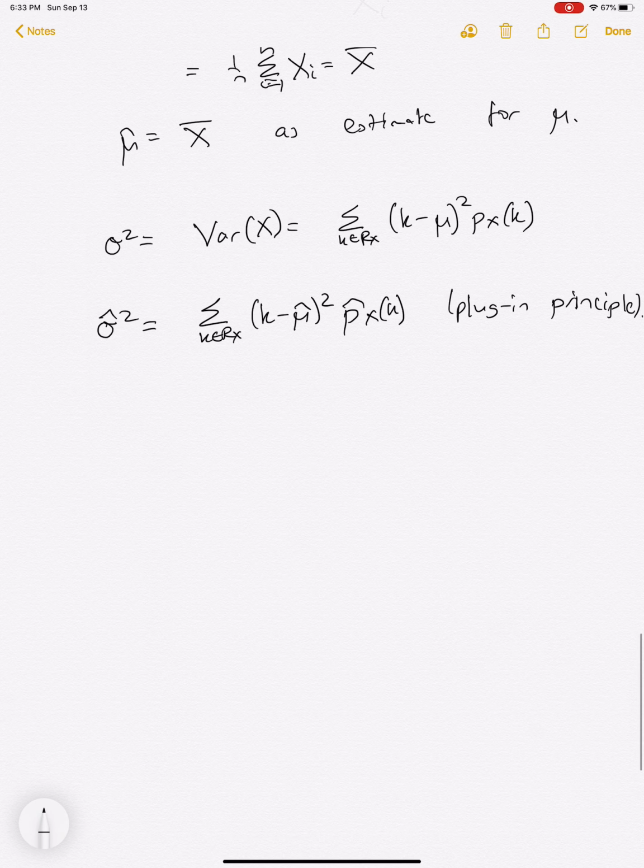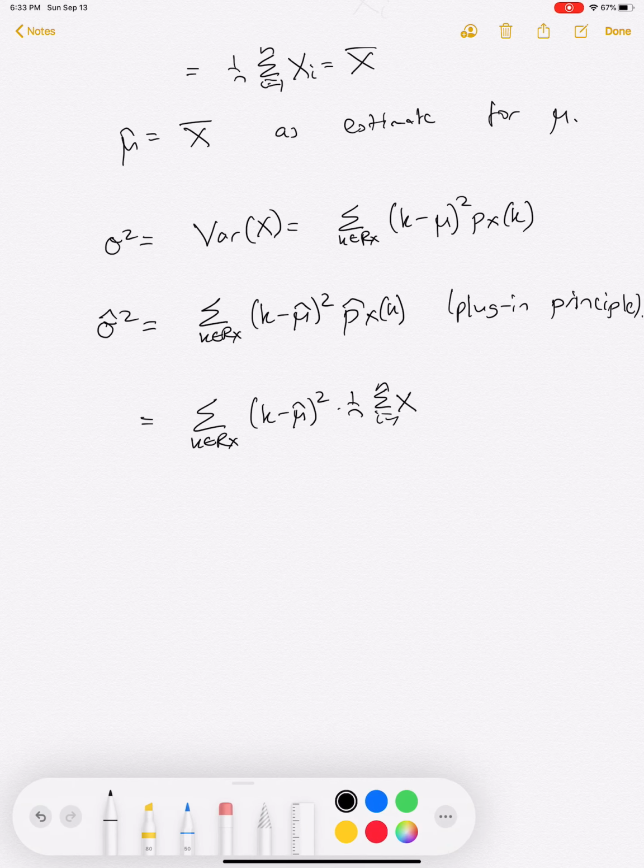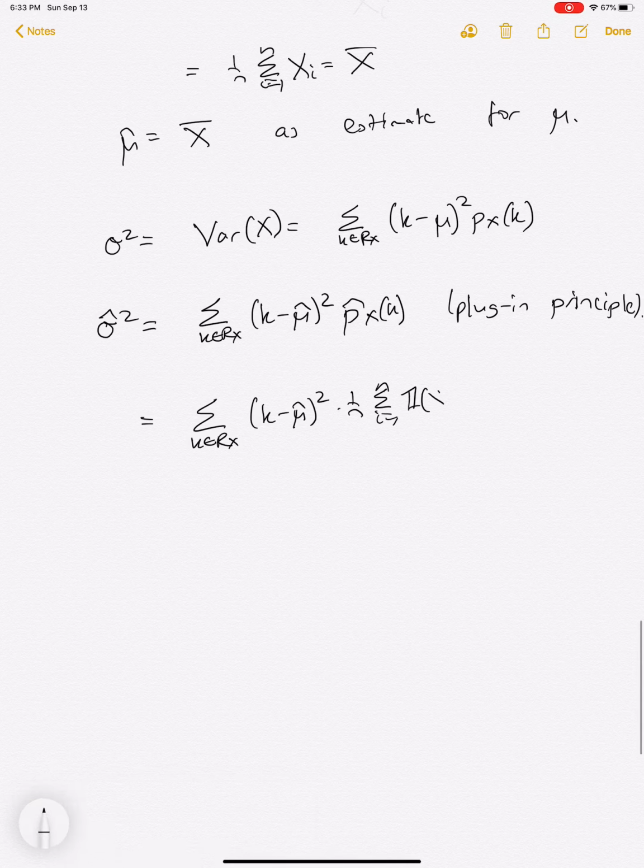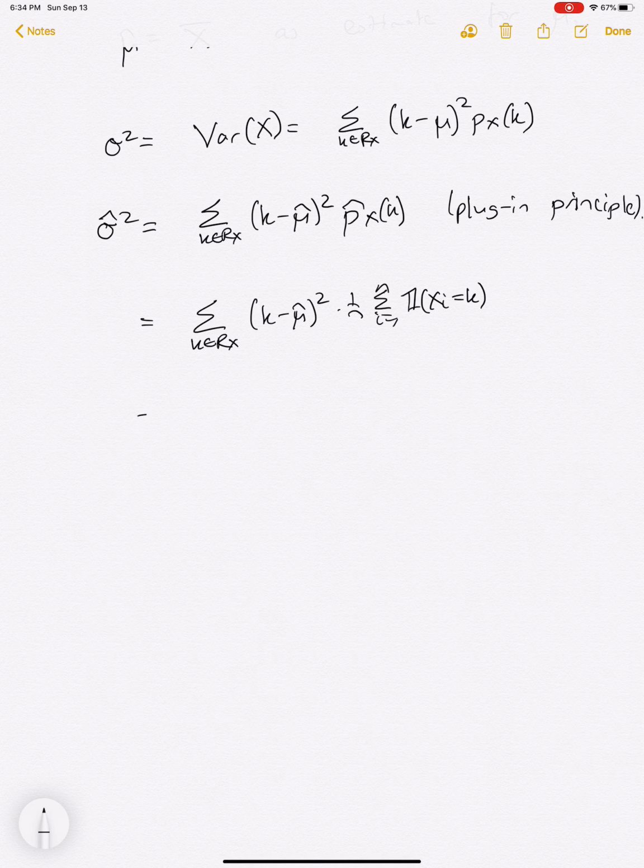Okay, so once again, we're going to go through this calculation to see what we get. Do we end up getting the typical sample variance or something very similar to that?